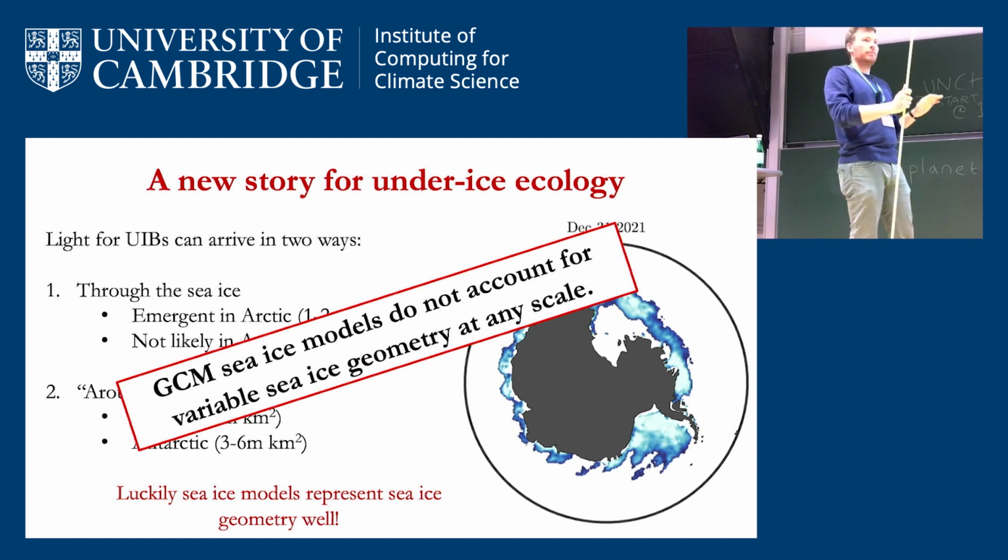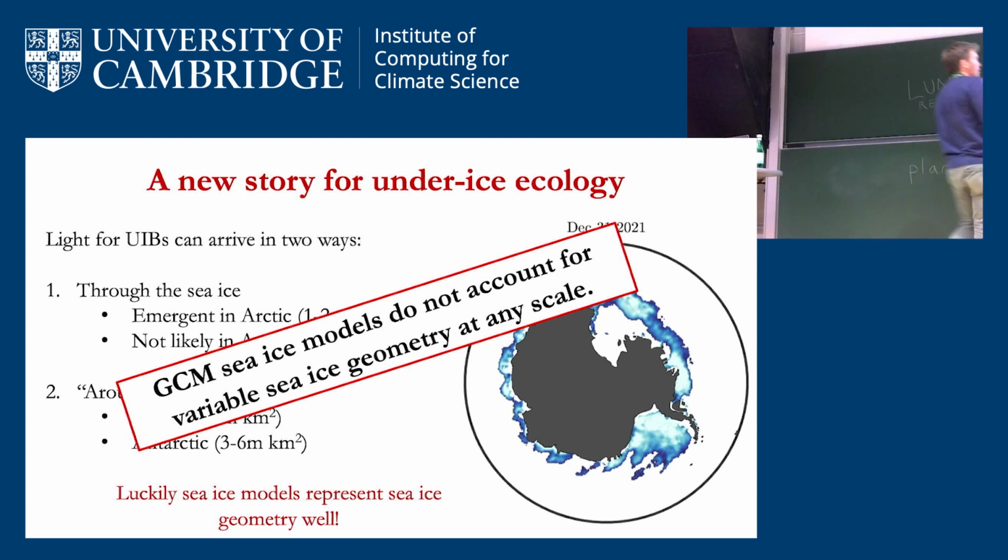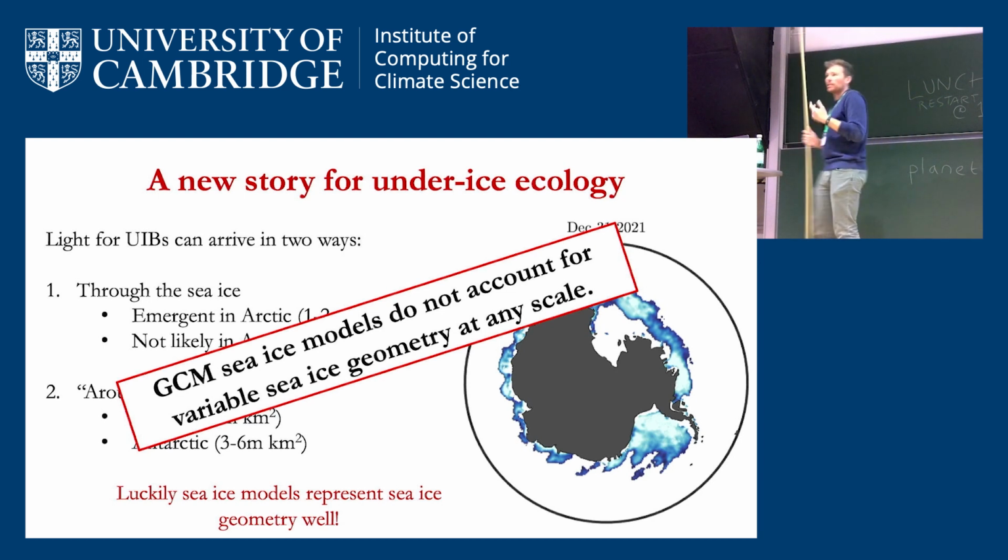They don't do it. And so if you're interested in questions of ecology, you're not going to get the requisite variability that's needed to see these kinds of blooms, even if you have an ecological model. And there's a whole host of other reasons why this is a real problem. And I'll get into some of them now.